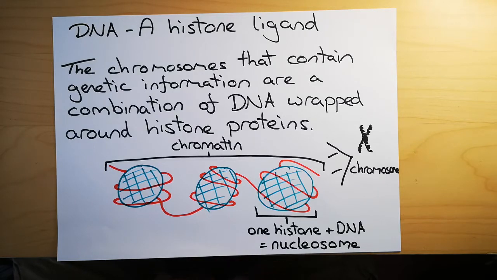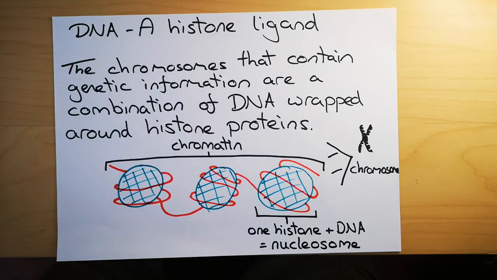So DNA will interact with a very specific group of proteins called histone proteins, and they will form the structure chromatin, which will help really give you your chromosomes. That chromatin really is a chromosome in short.